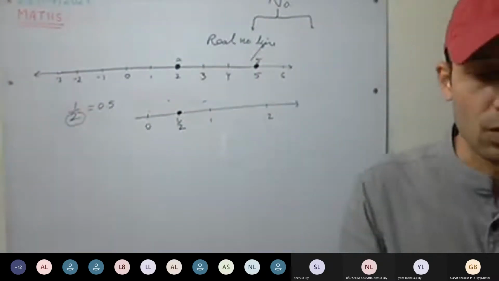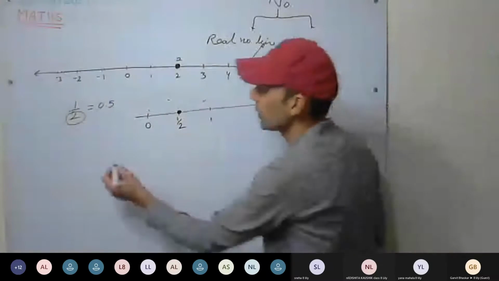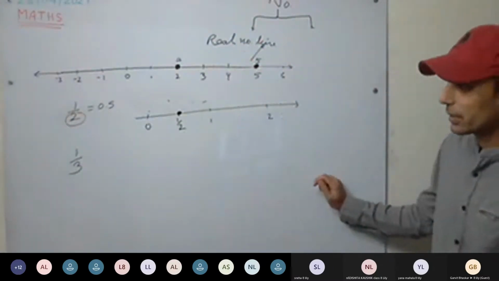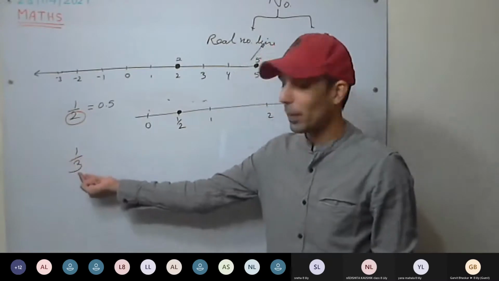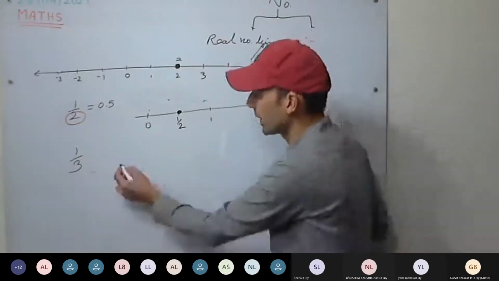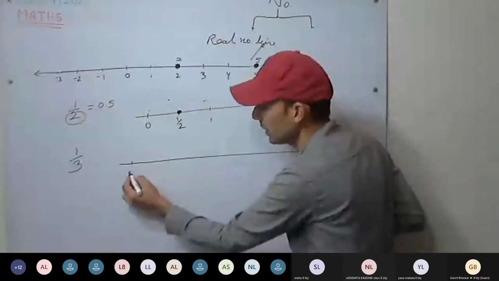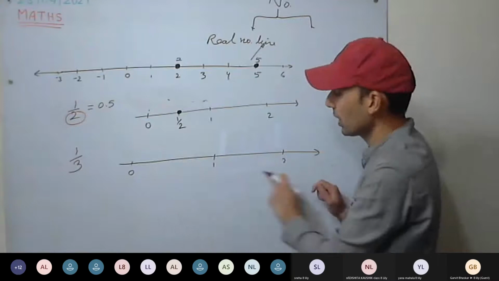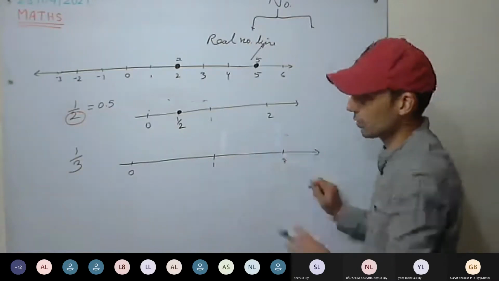For example, I have to mark 1 by 3. 1 by 3 means I have to divide 1 into how many parts? 3 parts. So where will 1 by 3 lie? Again between 0 and 1. See here, I only require this distance line, the rest of the line I don't require.